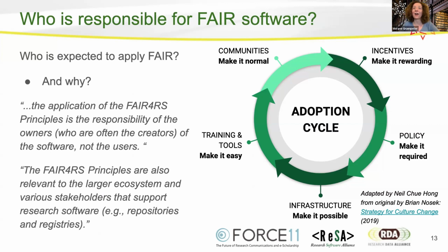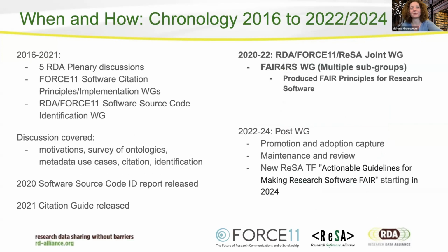So here in this adoption cycle, which is adapted from the Nosek pyramid by Brian Nosek, that you might already know, it's an effort that we can do within the communities with the principles, but we need also to make it on other levels by making it rewarding, making it required, making it possible with infrastructures that provide these opportunities, and creating training and tools to make it easy. Now to you, Dan.